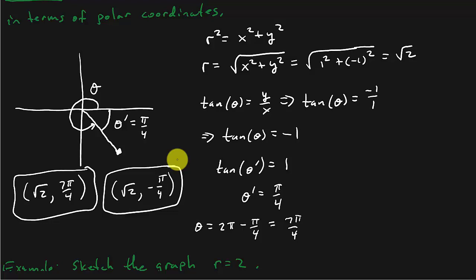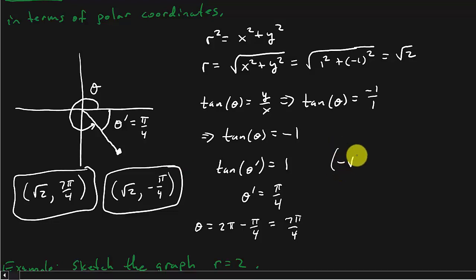Well, we could use negative square root of 2. That means we're coming out this way, and we have to get to this point. So we go pi over 2, and then another pi over 4. Pi over 2 plus pi over 4 gives us 3 pi over 4.